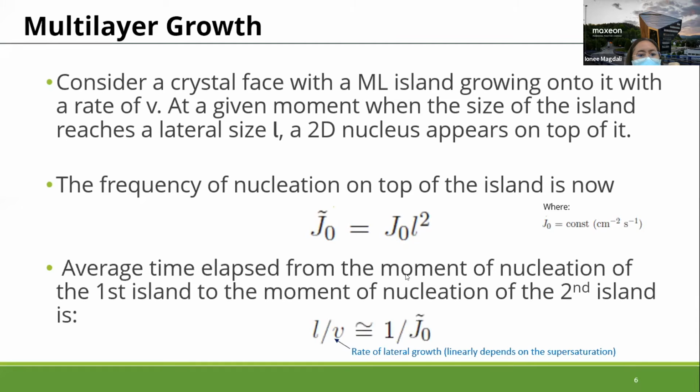The average time elapsed from the moment of nucleation of the first island to the moment of nucleation of the second island is given by this equation: L over mu is approximately equal to 1 over J naught. The mu here is the rate of lateral growth and linearly depends on the supersaturation.